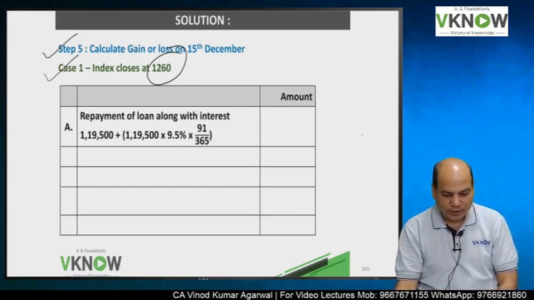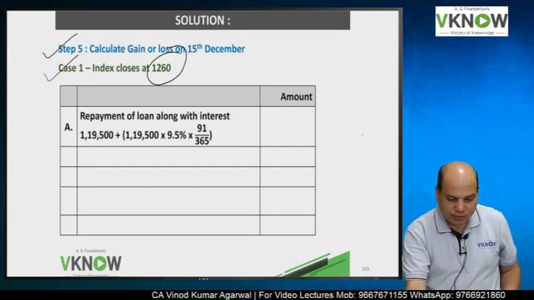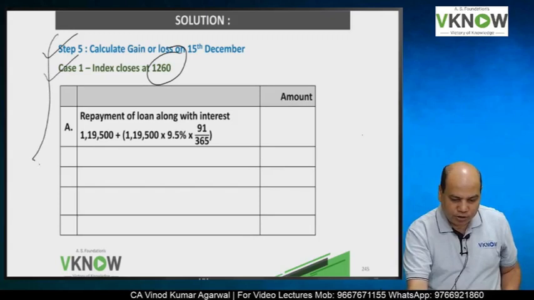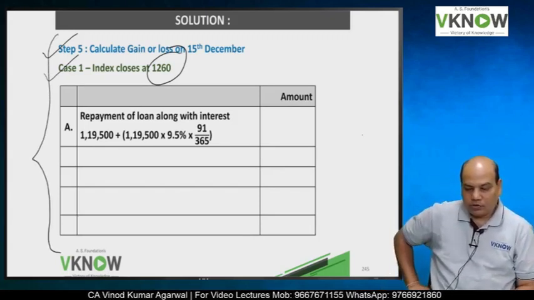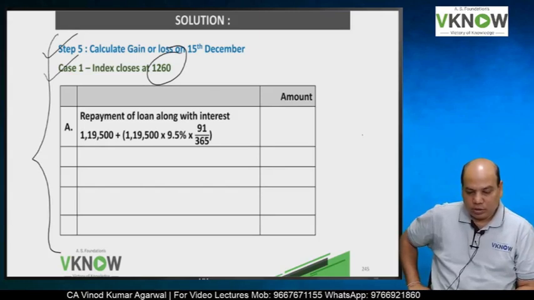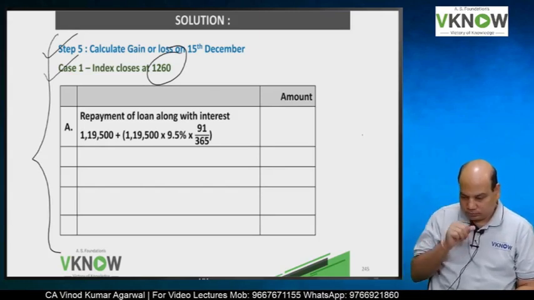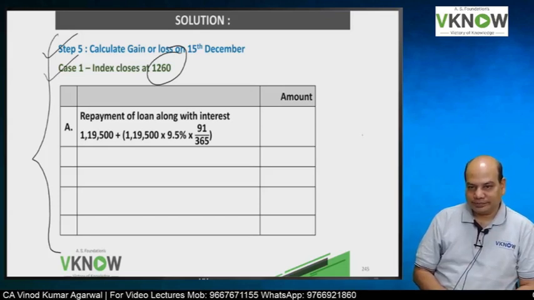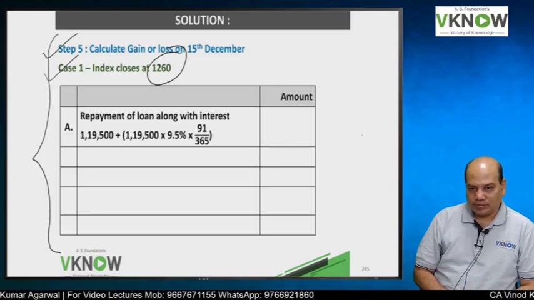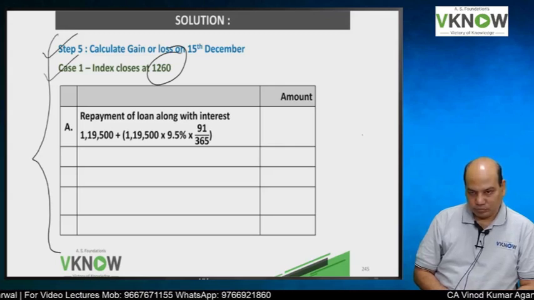So first point A. This is a very good question. Very few students are able to get it right. First point A, write down repayment of loan along with interest.